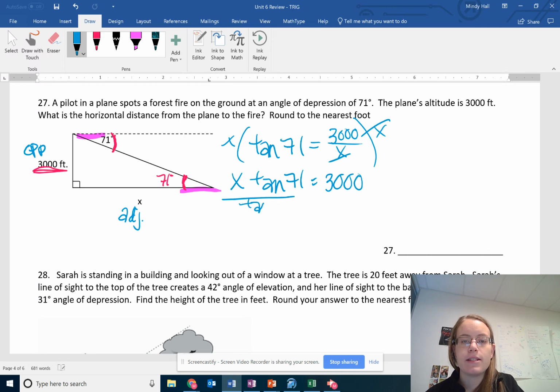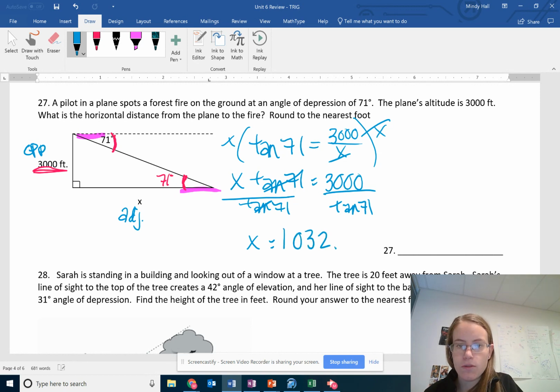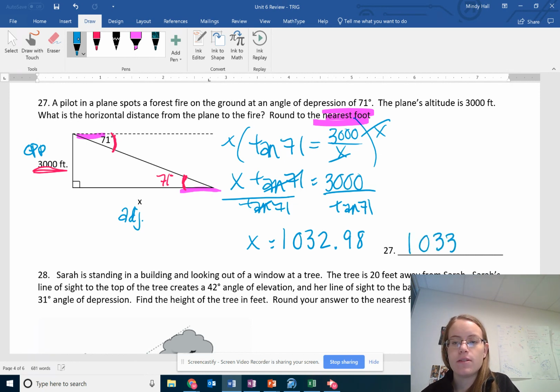And then we'll divide by tangent 71. So 3,000 divided by tangent of 71 is 1,032.98. And we are, again, rounding to the nearest foot. So that would be 1,033 feet. Okay.